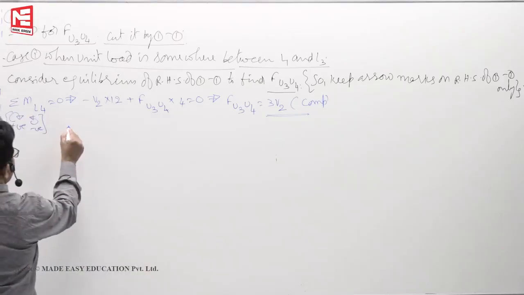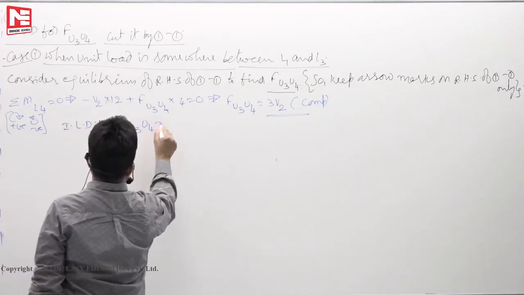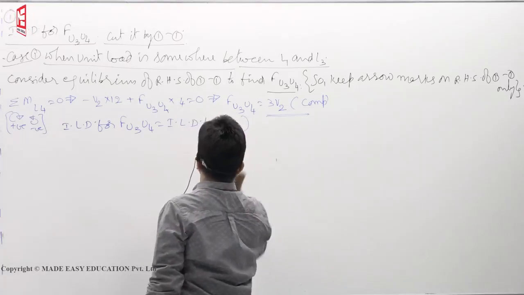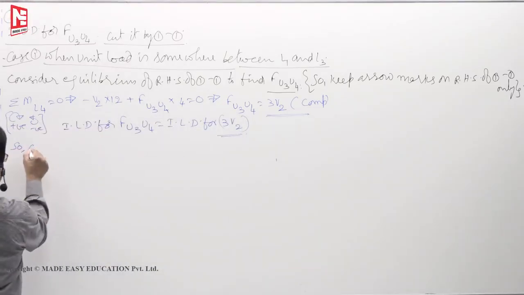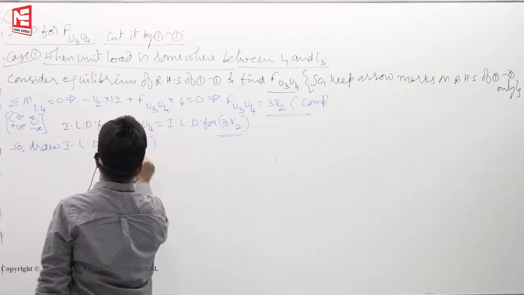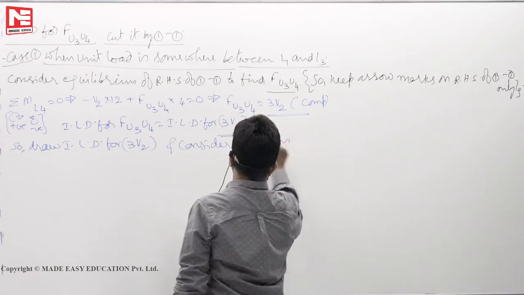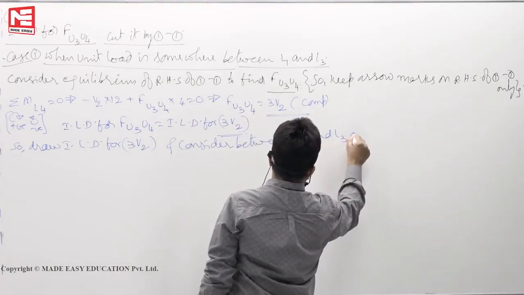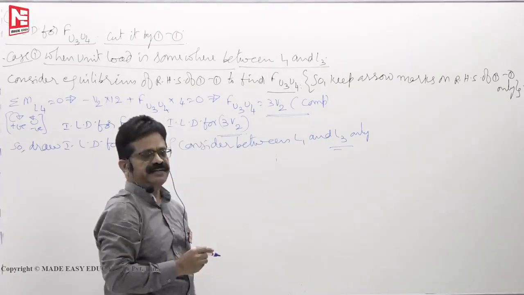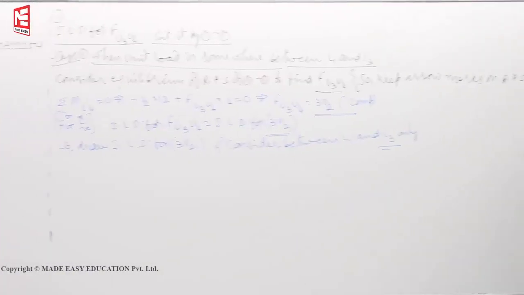So draw ILD for 3V2 and consider between L1 and L3 only, because between those locations only this 3V2 ILD is valid. Now come to this one. Compression we can draw below reference line.